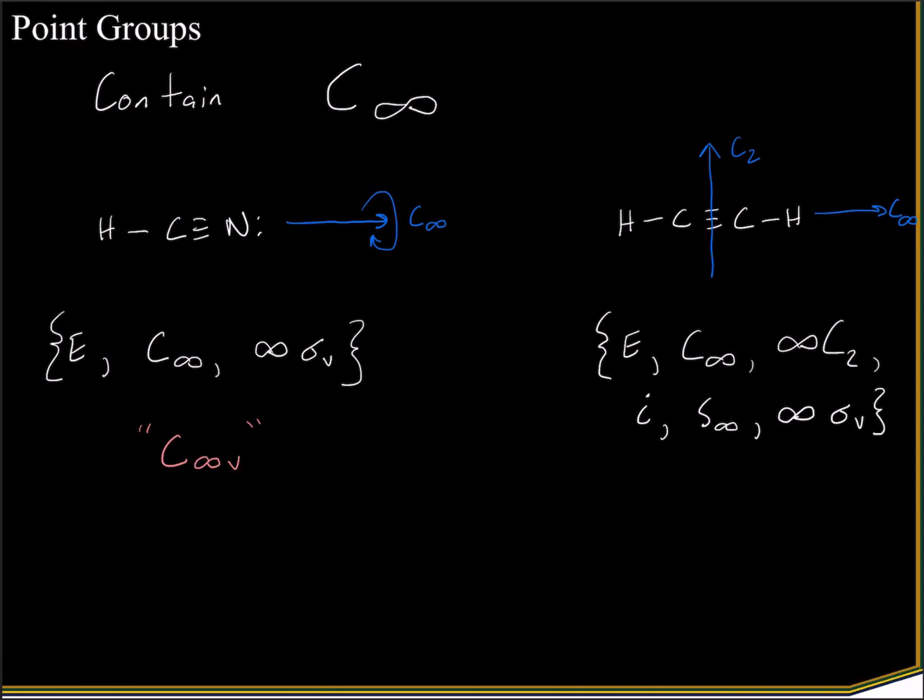And so this point group gets the label D infinity H. All right, so D infinity H. And I believe I left off on this list that there's also a sigma H. Sorry, sigma H is in there. And that cuts this molecule essentially in half. And so this gets the label D infinity H.